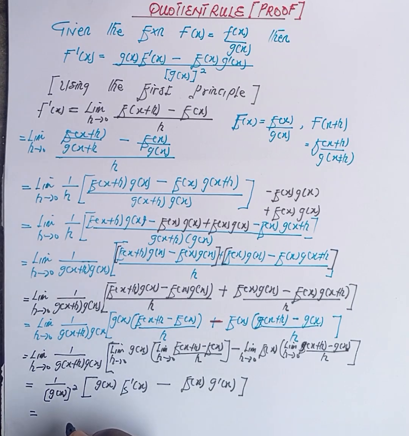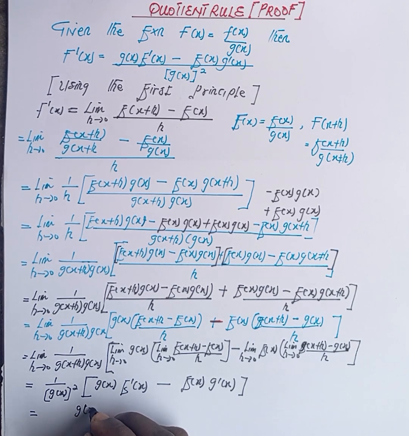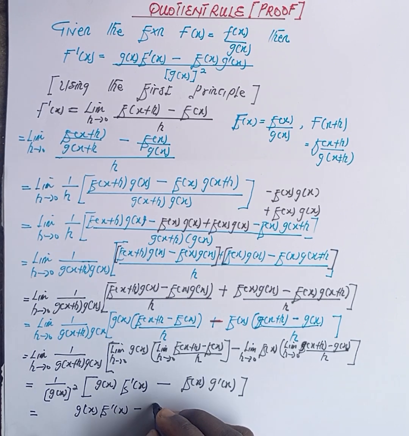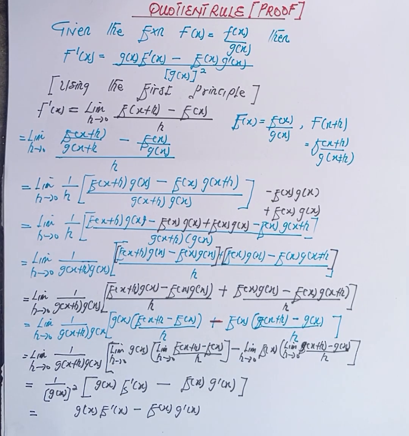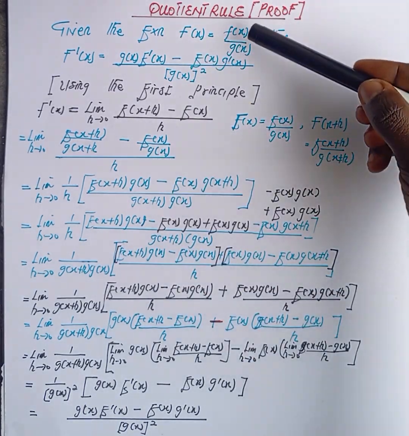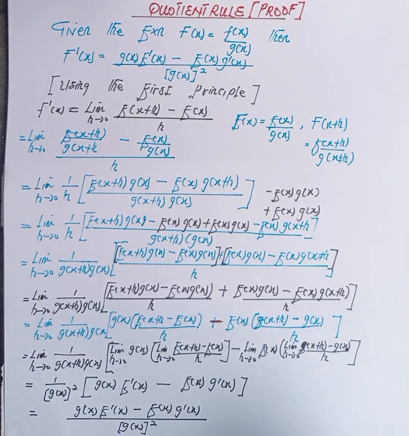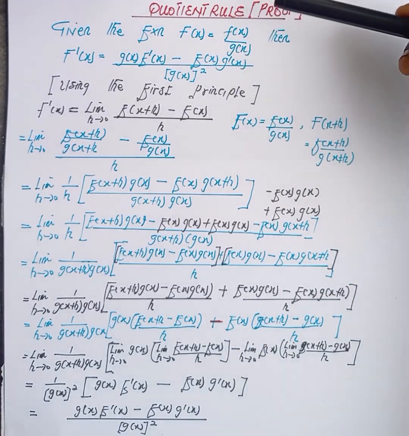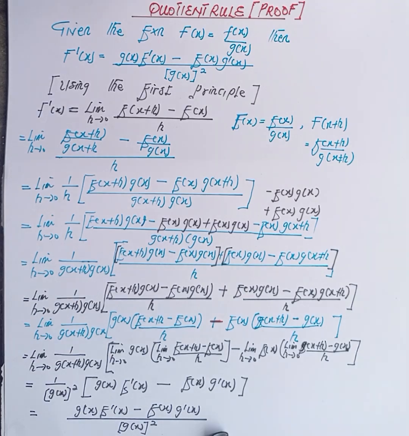We are going to get 1 times the whole of this, we are going to get g at x multiplying f prime at x minus f at x multiplying g prime at x, and all this over g at x squared. And this is the proof of the quotient rule, which says that if two functions are dividing, then the derivative is given as this.